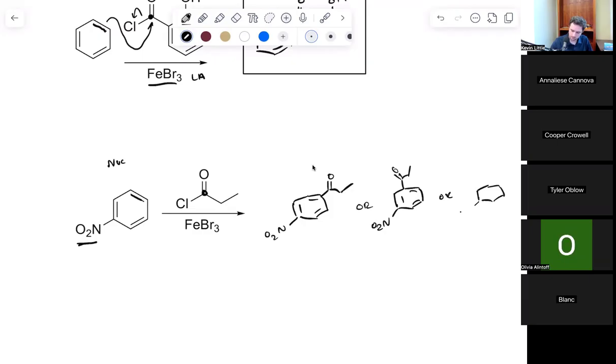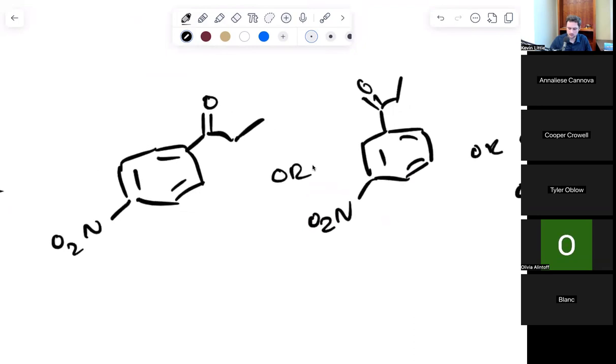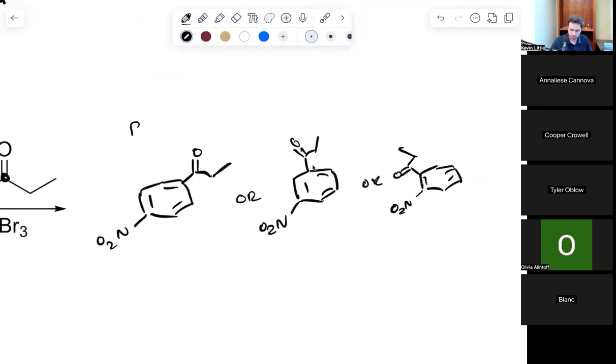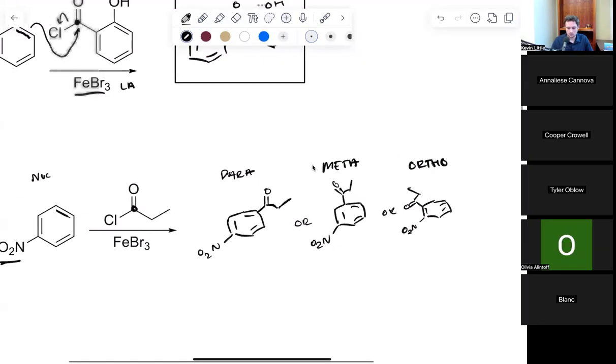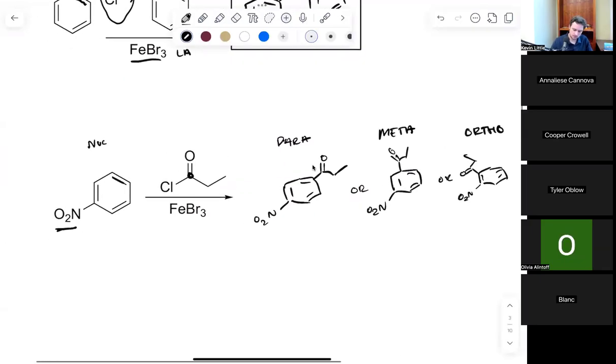Depending on where you add this thing, right? We can either add it para to the nitro group, we can add it meta, or we can add it ortho. Because of the nature of this, and again, we're going to talk about this more, this is what's called an electron withdrawing group.